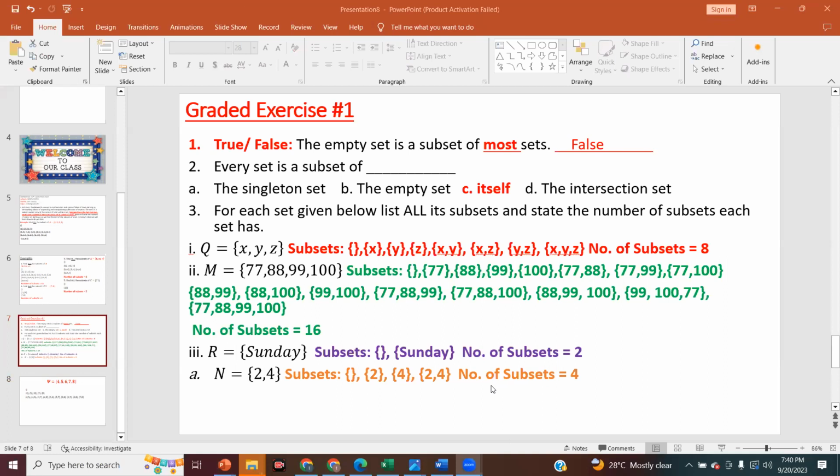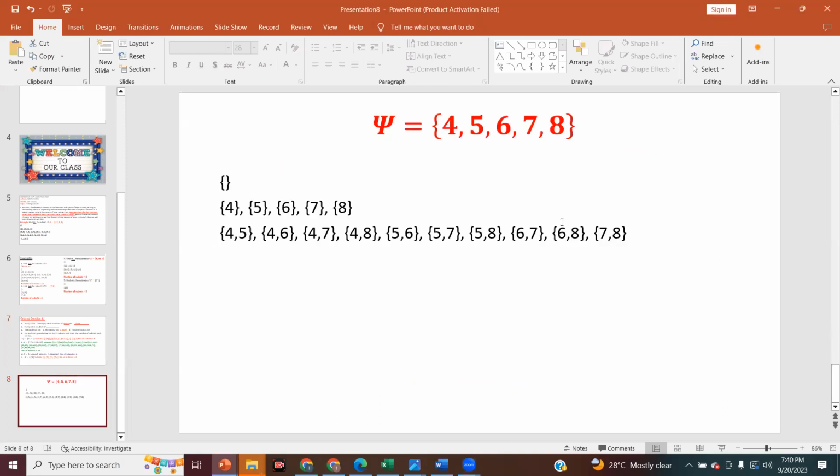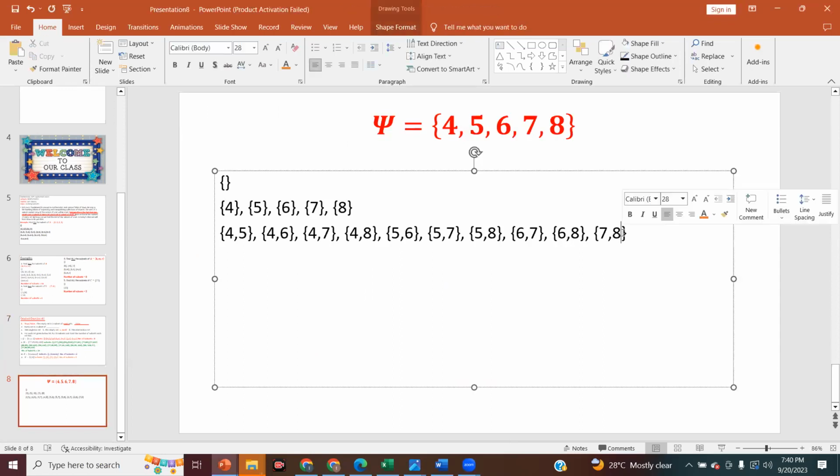No problem. Okay, so now that we have that, we need the ones that have 3 elements in them, right?